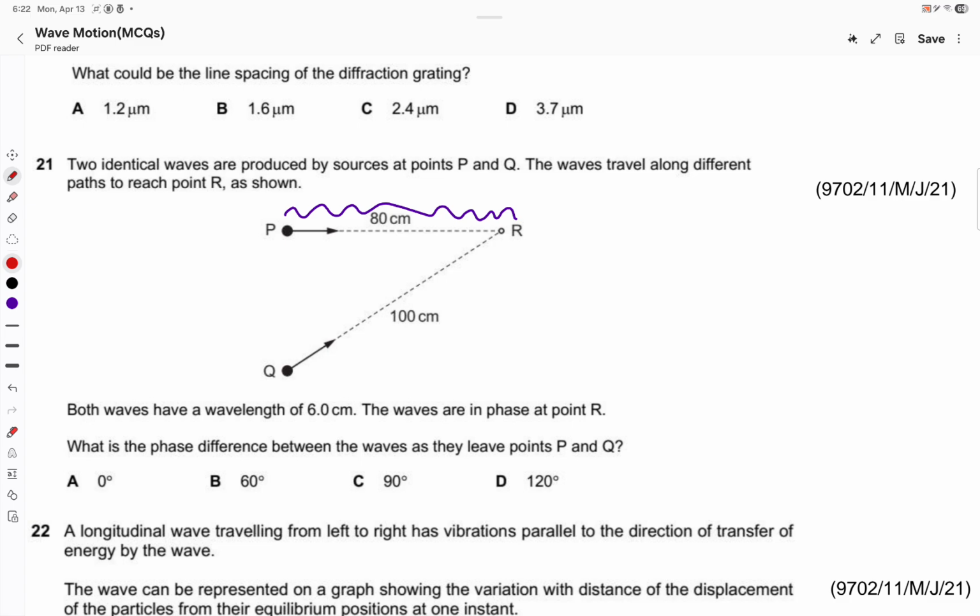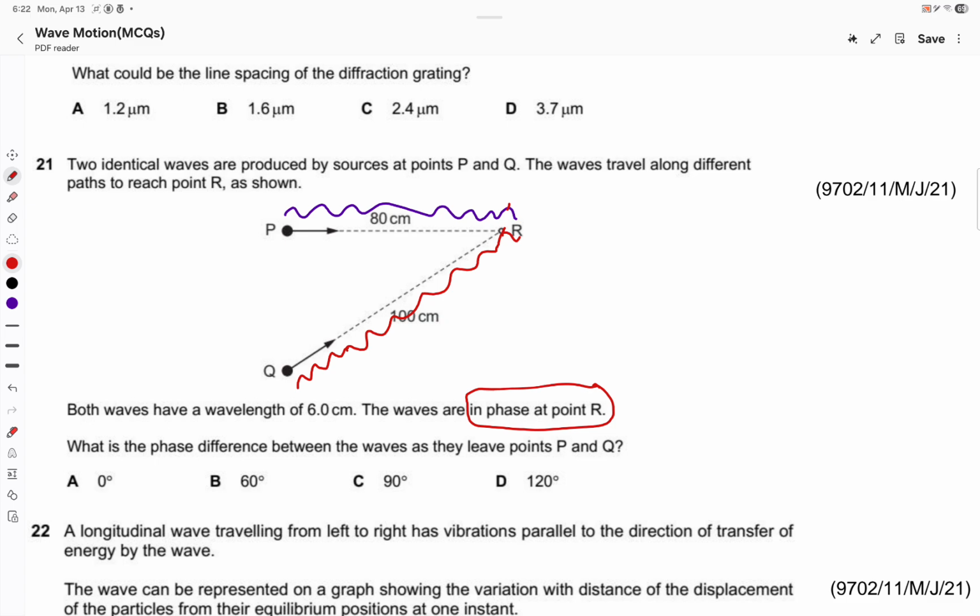Wave P has to travel a distance of 80 centimeters, and we assume that when it reaches R, it has a crest. Now, wave Q is traveling a longer distance of 100 cm, but when it reaches R, it also has a crest. Only in this case, when crest and crest meet, they must be in phase at point R. So these two waves are in phase at point R.